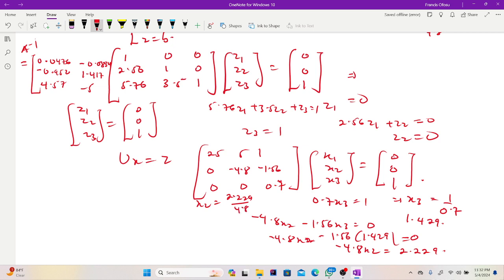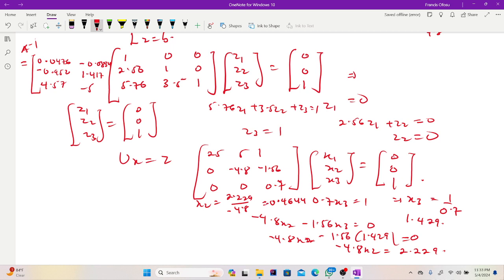So divided by 4.8, and I'm getting 0.4644. So it will be negative because this is negative. So negative 0.464.